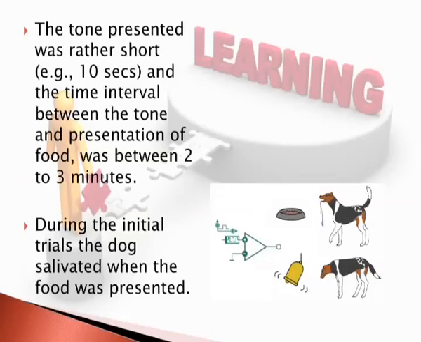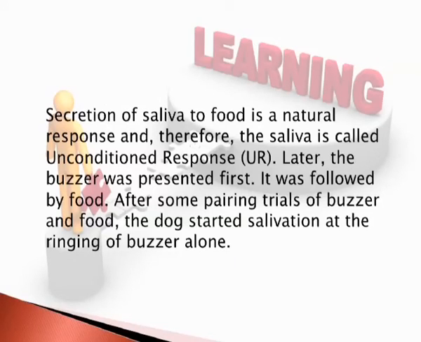The tone presented was rather short, that was 10 seconds, and the time interval between the tone and the presentation of food was between 2 to 3 minutes. During the initial trials, the dog salivated when the food was presented. Secretion of saliva to food is a natural response, and therefore the saliva is called the unconditioned response, UR.